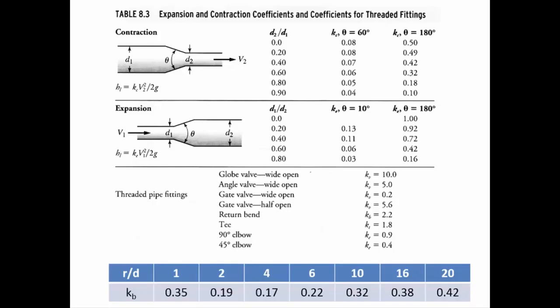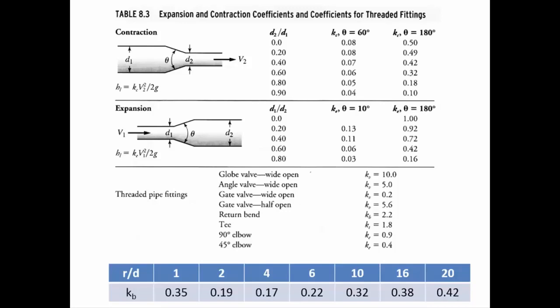And so now here are the K values. And it's kind of interesting that you'd expect a really long gradual transition to have the lowest K value. You want it to be a really slow gradual transition, not all of a sudden abrupt changing, because if it's abruptly changing, you're losing more energy.